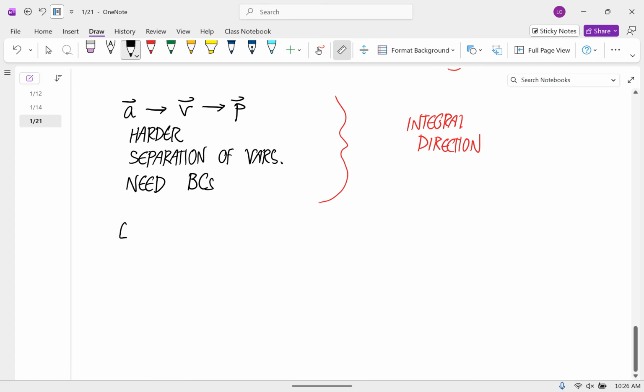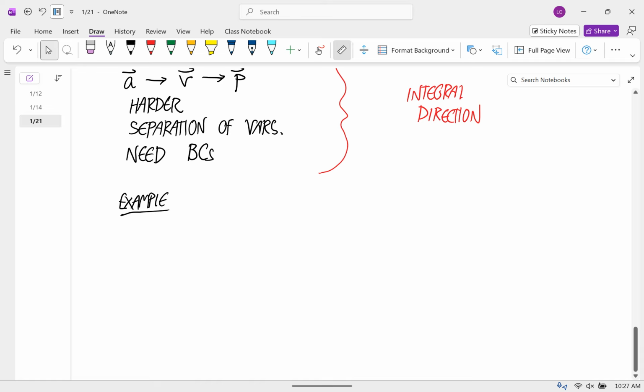Okay, let's do a couple examples. We've done examples like this as part of the mathematical preliminaries. So for the first one, let's say that the position vector as a function of time is equal to t squared.